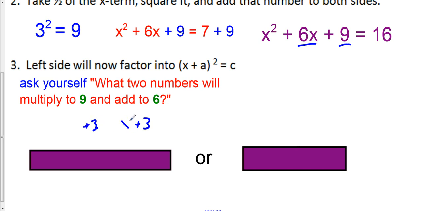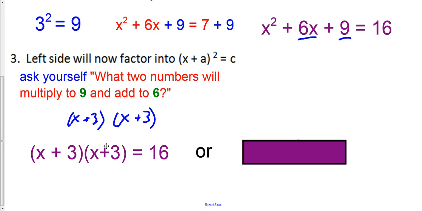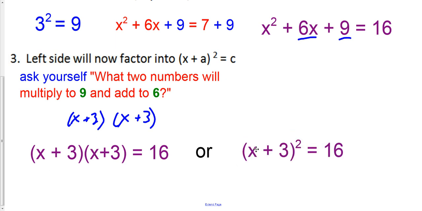I complete our factor by putting an x in front of it. This is the factored form of this expression. So it would say x plus 3 times x plus 3 equals 16. Or I can call this x plus 3 piece all one thing, as x plus 3 squared equals 16.